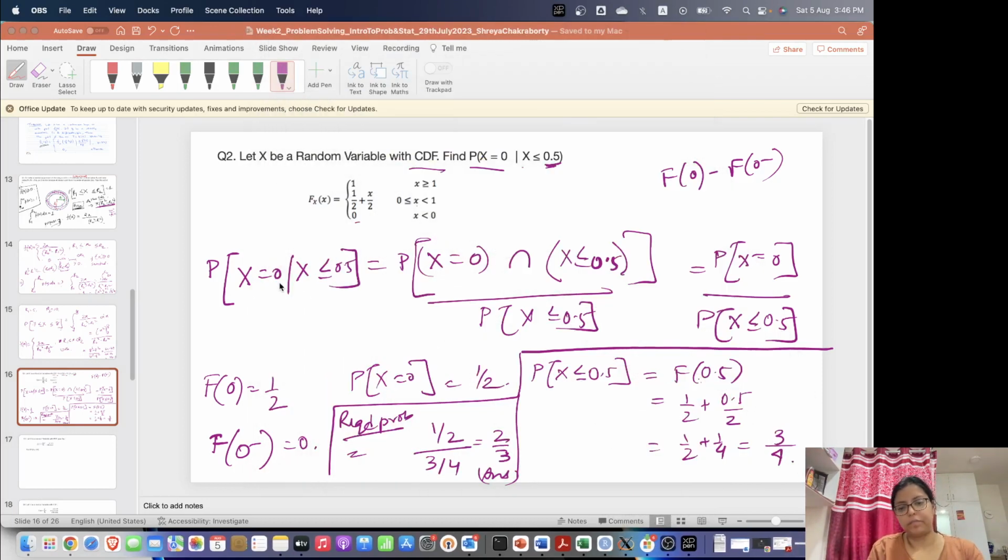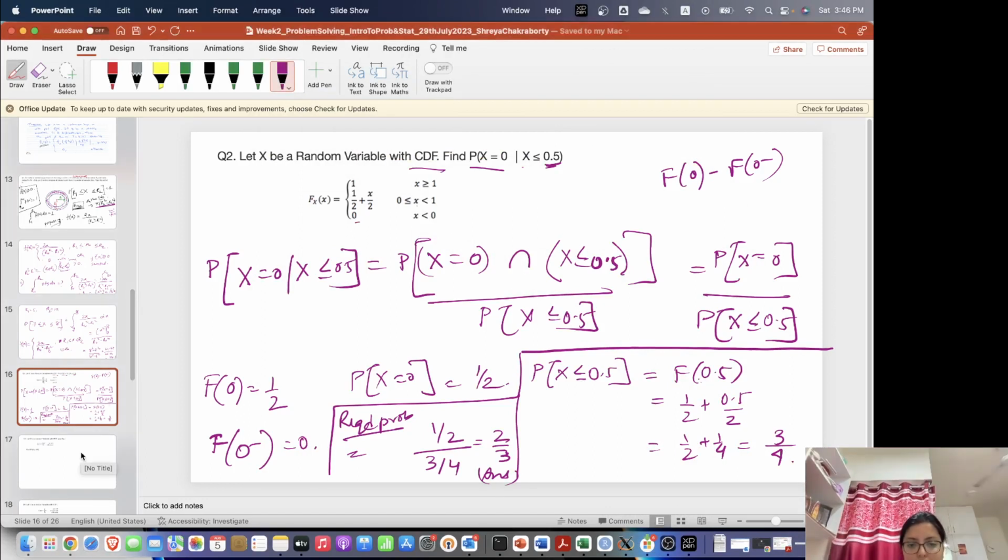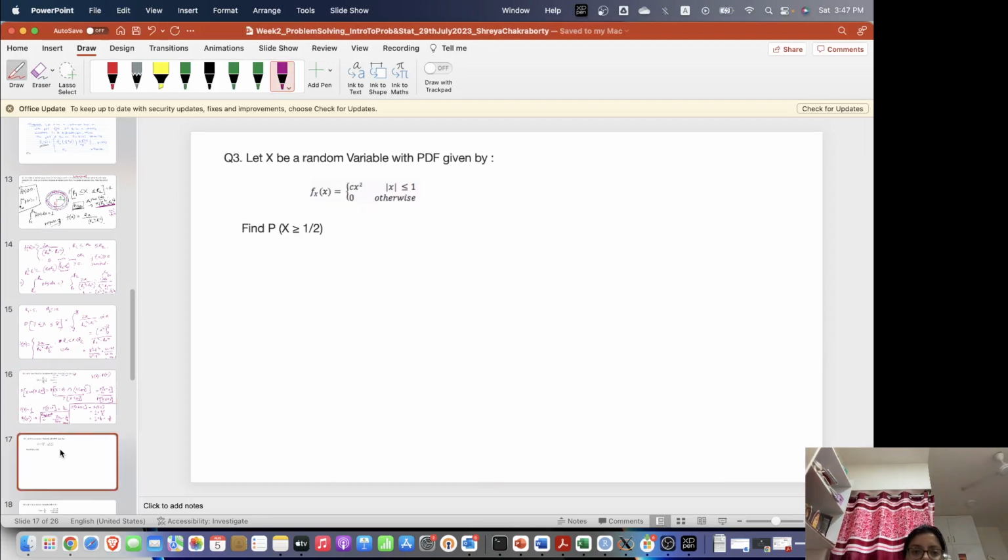All right. This one. Here we have a random variable with PDF given by this thing. We have to find probability x greater than equal to half.